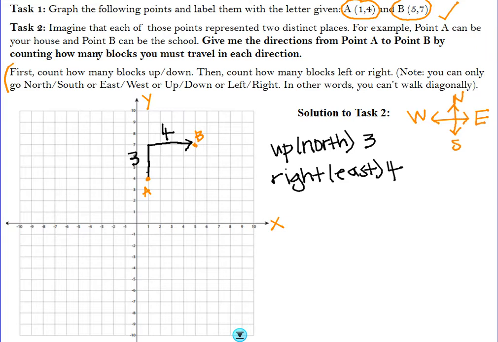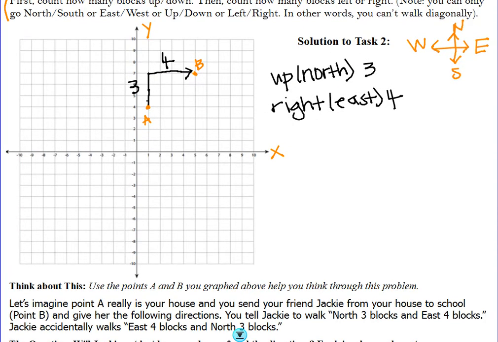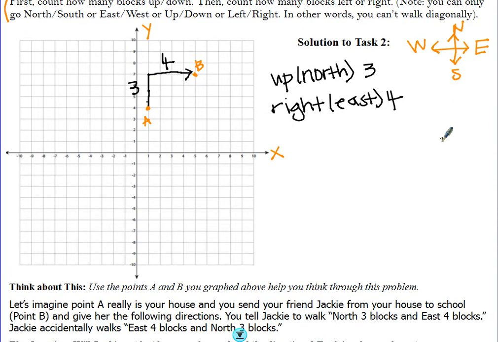Now let's move on to the bottom part. And this is a part where we will be thinking more about this. It says, use points A and B, you graphed above, to help you think through this next problem. And the problem says this.